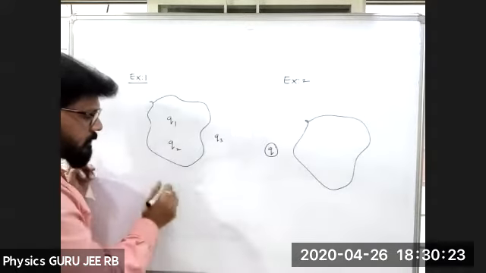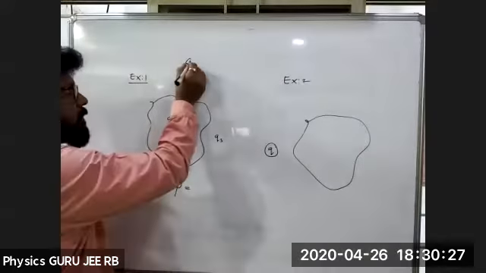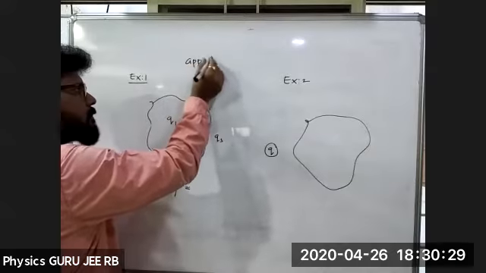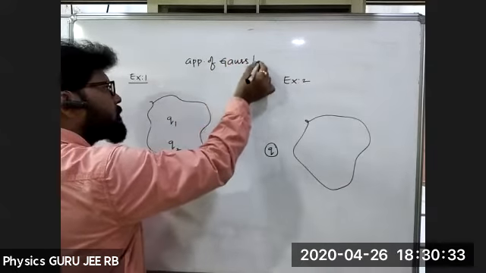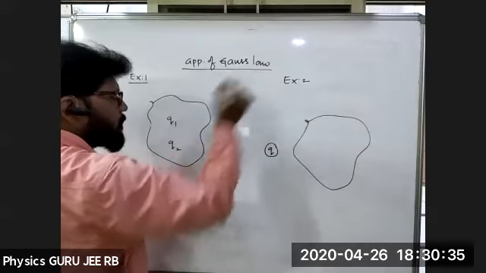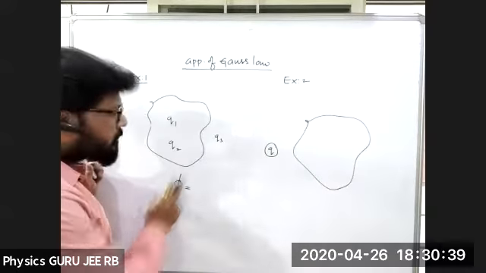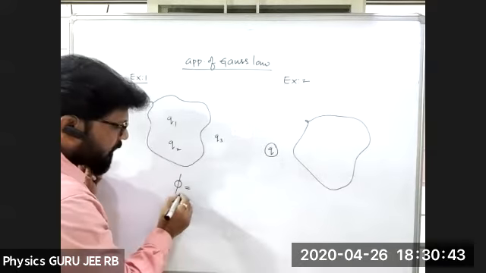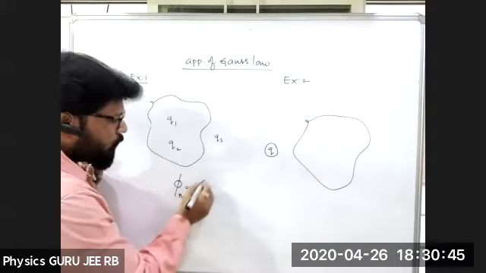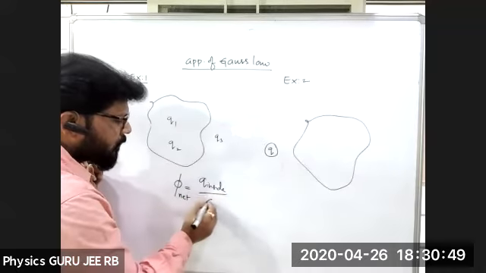According to the Gauss law definition, we can write this as an application of Gauss law. If I take the flux linked with this surface, what is the definition of flux? Net phi will be Q inside divided by epsilon naught.